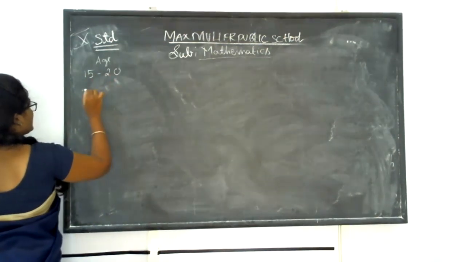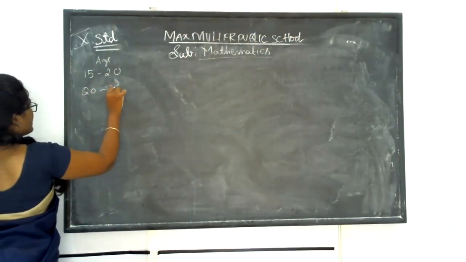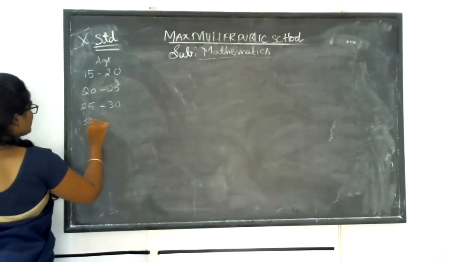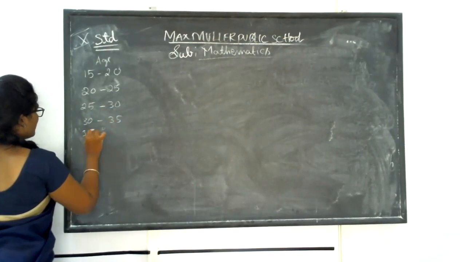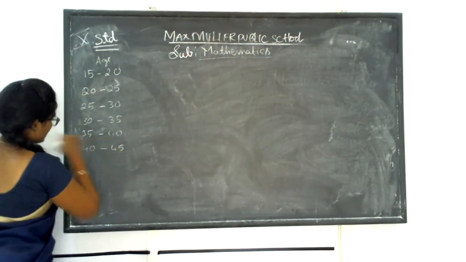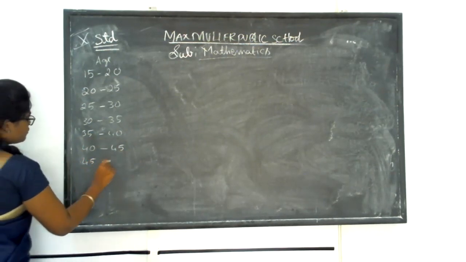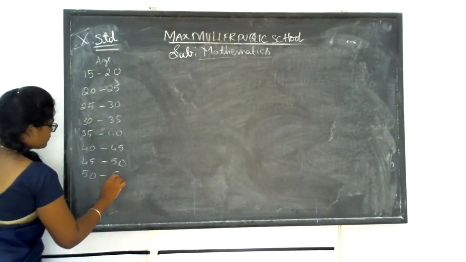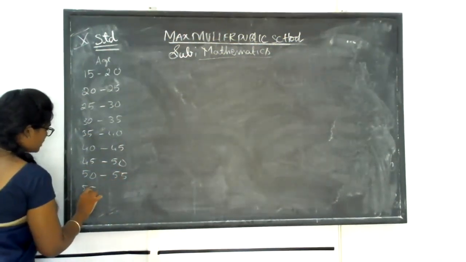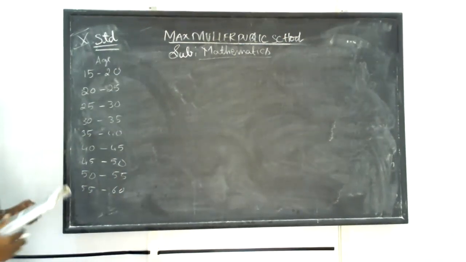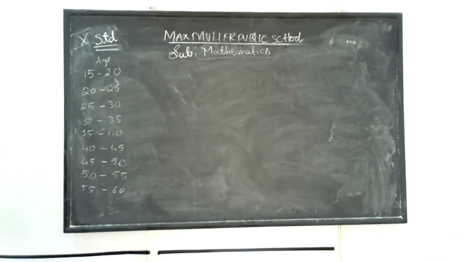15 to 20, 20 to 25, 25 to 30, 30 to 35, 35 to 40, 40 to 45, 45 to 50, 50 to 55, 55 to 60. They have told less than 60 years, so we are going to stop at 60 years only. Clear? So you have the frequency.